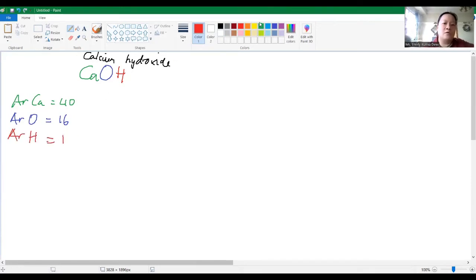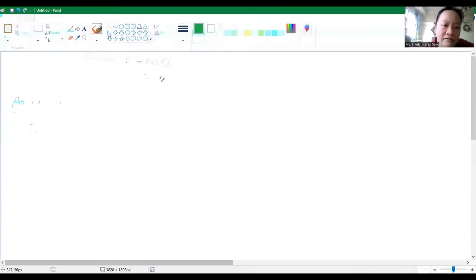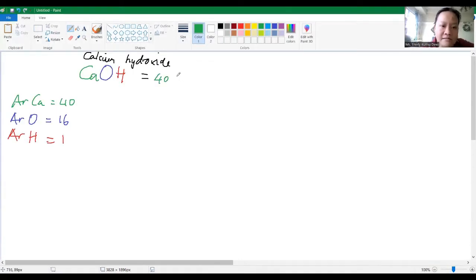Because there is only one of each, it will be very easy. You just add 40 plus 16, and then plus 1. Use your calculator. So this one is 57.